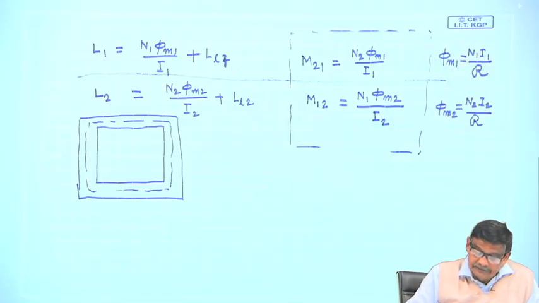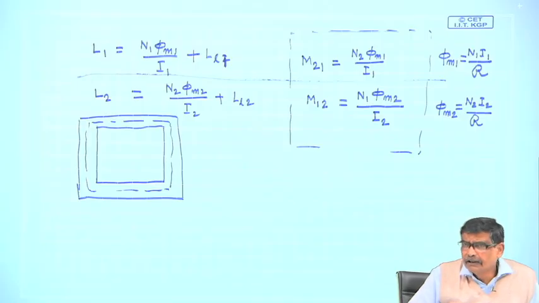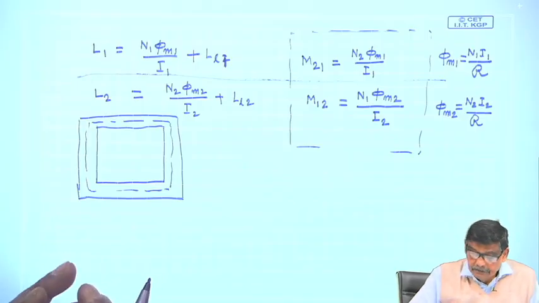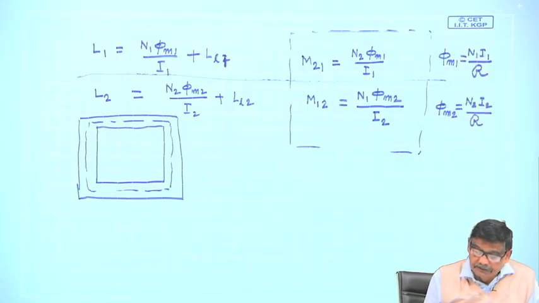Here I am assuming the reluctance to be constant and the magnetic circuit to be linear. I can always calculate the reluctance of the magnetic circuit; it is like 1 by mu 0 mu r, L mean by A cross section. I am not going into all those details, but I know that flux is MMF by reluctance, and MMF is N into I, divided by reluctance. So, I have got this.